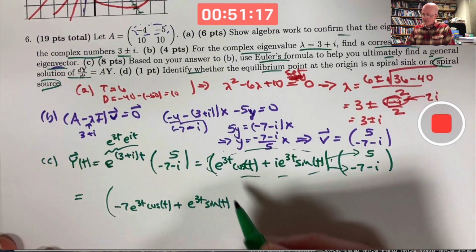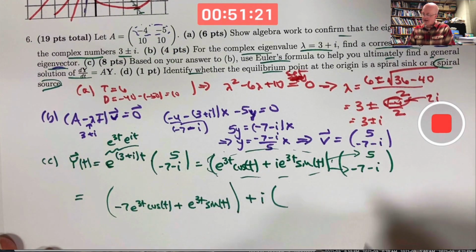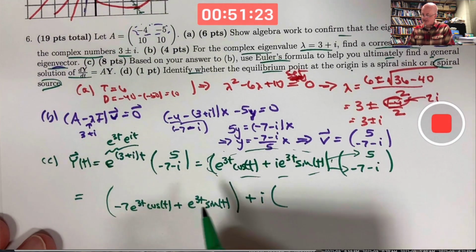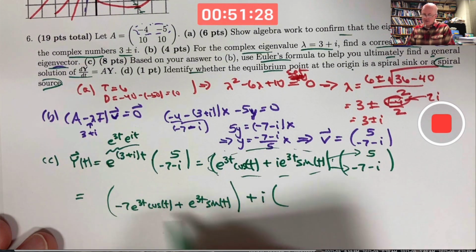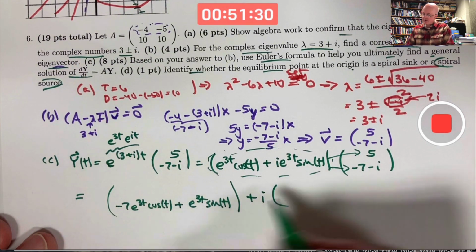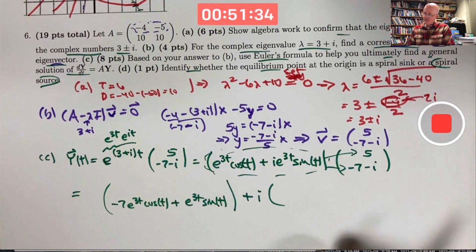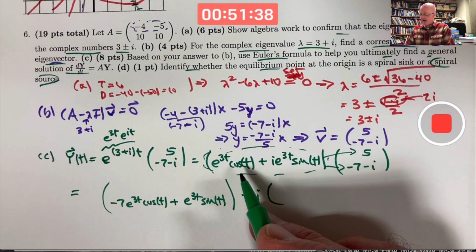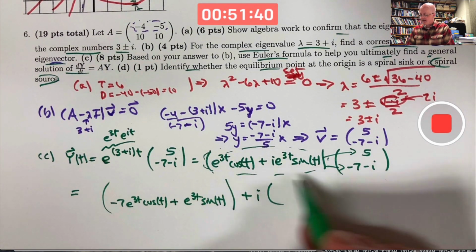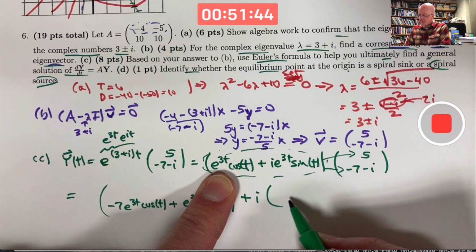I'm just going to go ahead and write this as two vectors right away here, YRE and YIM. I could have written it as one here initially, but to save time, I'll write it as two. That's going to be YRE. Those come from first times first and last times last. Doesn't involve an i. The things that do involve the i are outside times outside and inside times inside. Outside times outside is going to give negative.